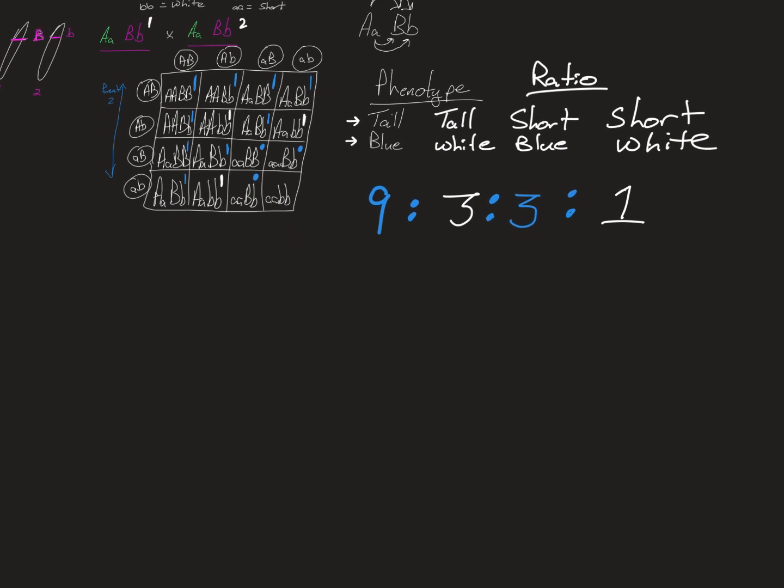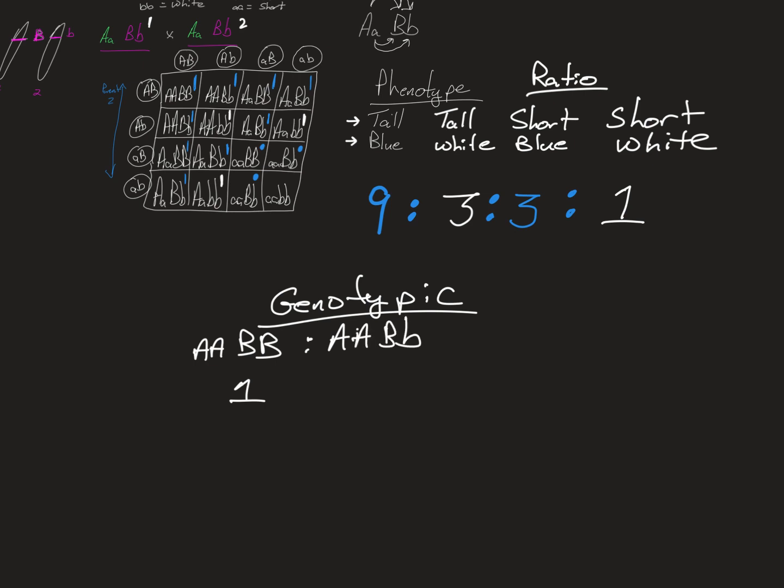Now, a genotypic ratio is going to be a lot more complicated. You do not have to memorize this. I'm just doing it so you can see the difference. How many big A, big B's do I have? I have 1 of them. How many big A, big B, little b's do I have?